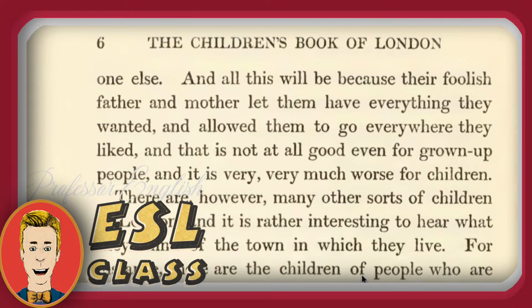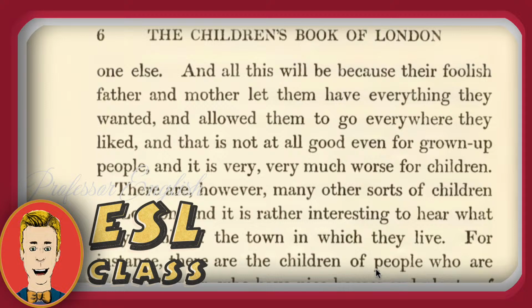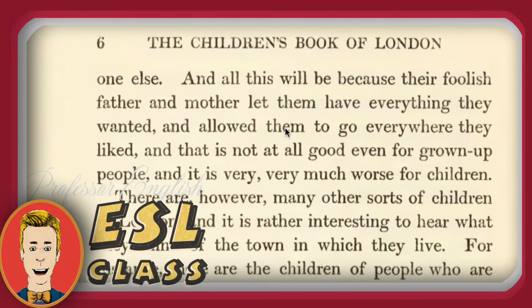And that, by the way, when you give a child everything they ask for, when you never say no to a child, that's called spoiling a child. And that word spoil means ruin, which is true because by the time they become an adult, they're ruined. They never hear the word no, and suddenly when they're an adult, they can't handle it if you tell them no. So that's what the author is saying.